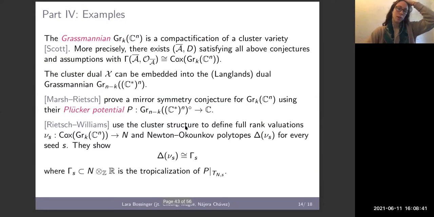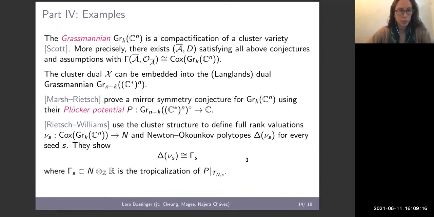A few years later, Rietsch and Williams took this cluster structure to define full rank valuations on the Cox ring of the Grassmannian, the homogeneous coordinate ring with respect to the Plücker embedding, with respect to every seed. They showed that the tropicalization of this Plücker potential of Marsh and Rietsch turns out to be the Newton-Okounkov body for that valuation. In fact, it is an equality. It's not an isomorphism; they are equal polytopes on the nose.